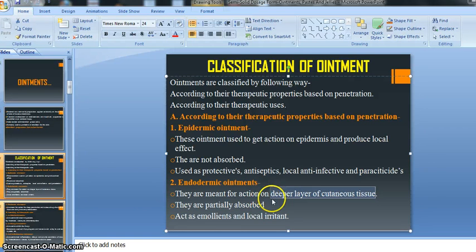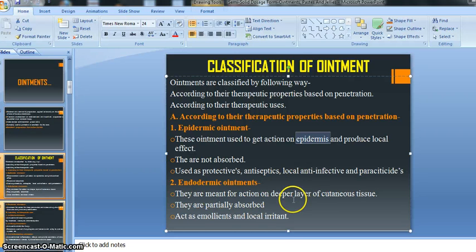When we need to produce action on the epidermic layer of our skin, the doctor prescribes epidermic ointment.